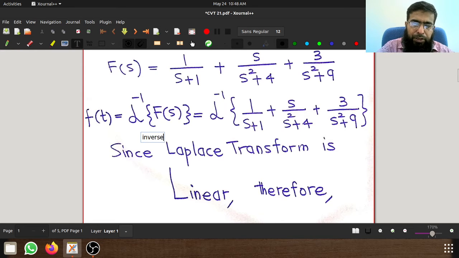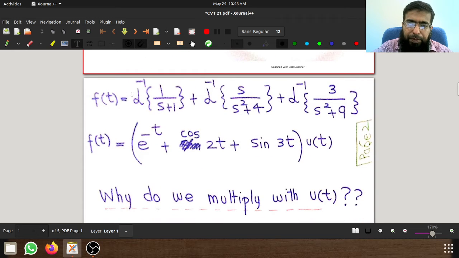Therefore the Laplace inverse of these three terms being added together can be separated because the transform is linear. So it is the inverse Laplace of the first term plus the inverse Laplace transform of the second term plus the inverse Laplace transform of the third term.